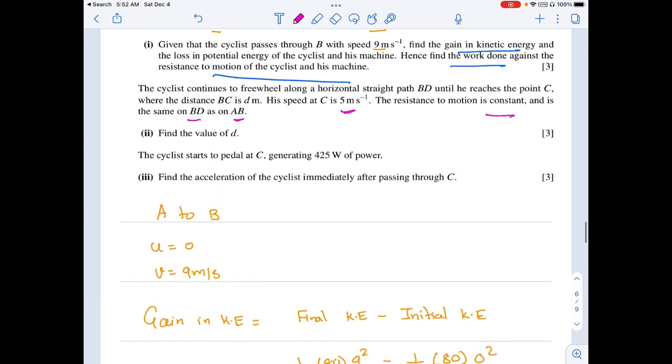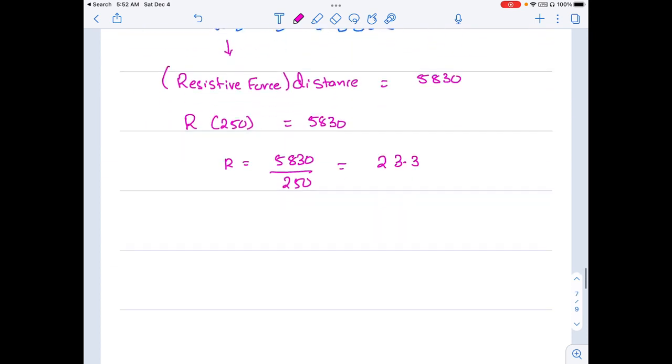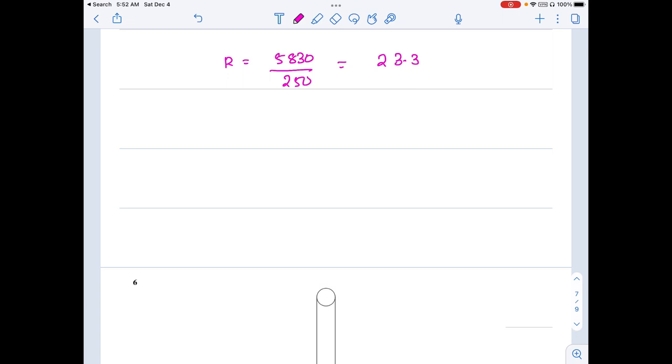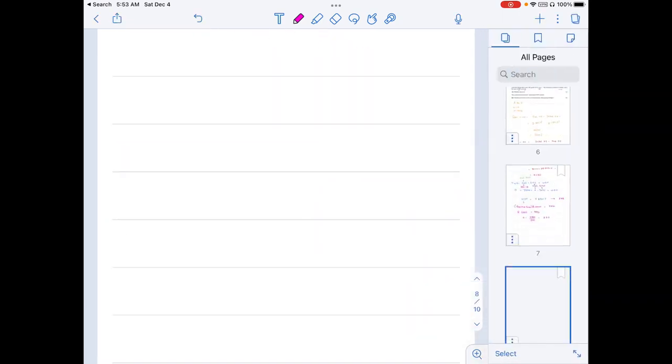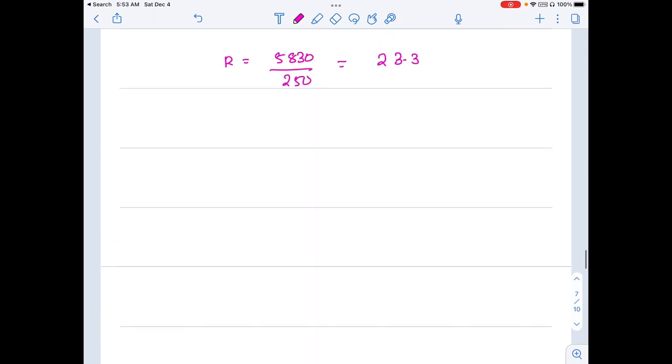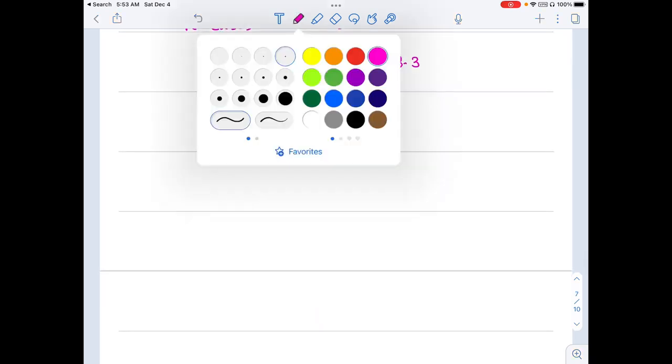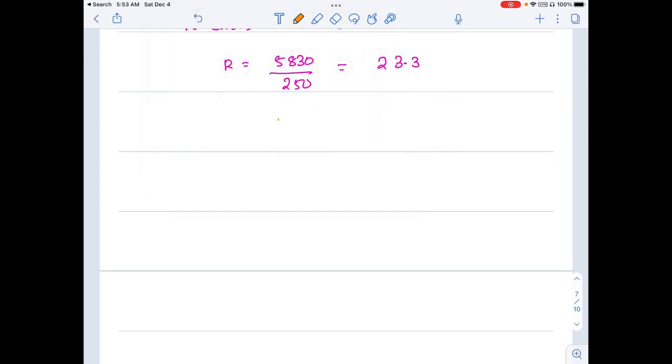Now what is being told? He comes to C with a speed of 5 meters per second. So I quickly add one more page. Now I can consider the motion from C to D. Total work done is 0 because he is not pedaling.